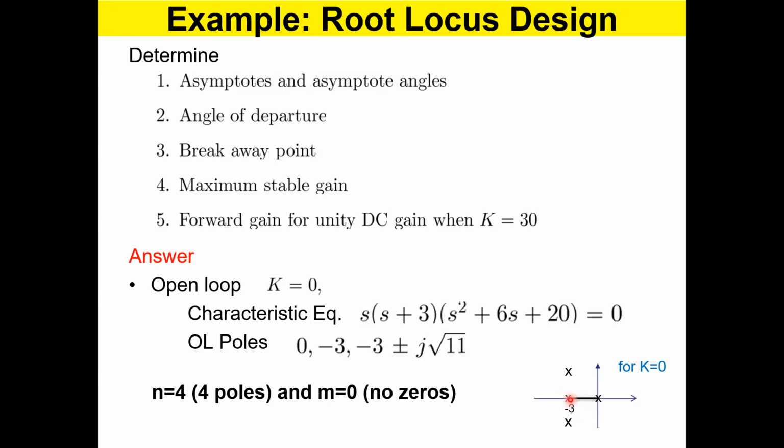So if you look at this pole, this is when k equals 0. These two poles, their positions at k equals 0. Now you know that when you increase k, this pole will have to start motion this way, not that way.